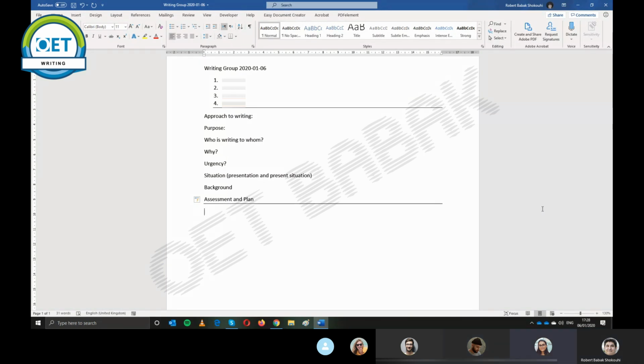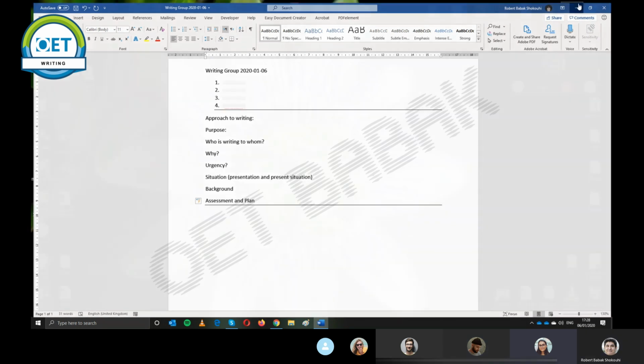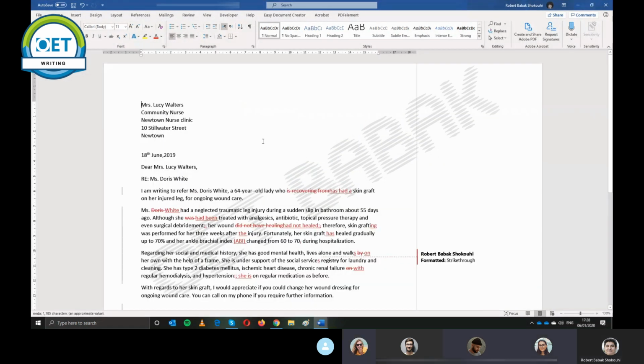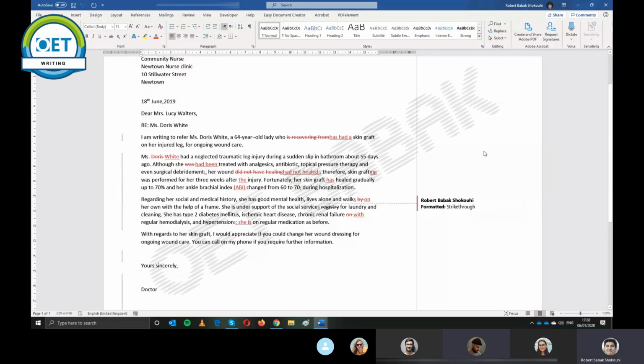Excuse me, in this letter, the date of writing the letter is the date of discharge of the patient. Am I correct? It was 18/05 of 2019. Is it correct? Probably the doctor writes another date for the date of writing the letter. I don't remember. The 18th of June?